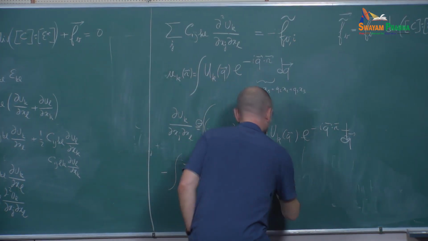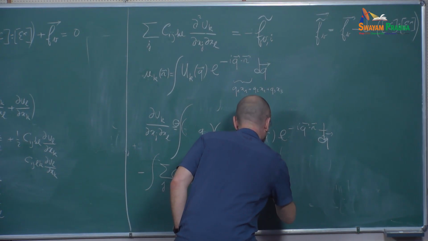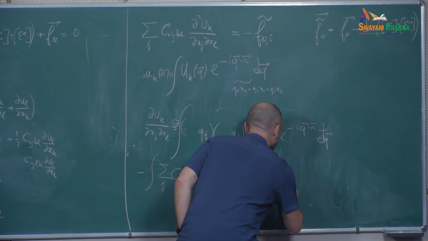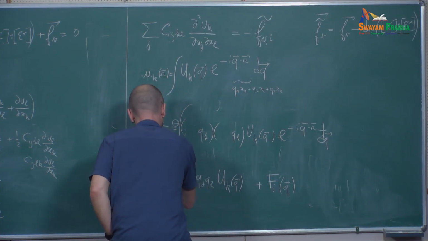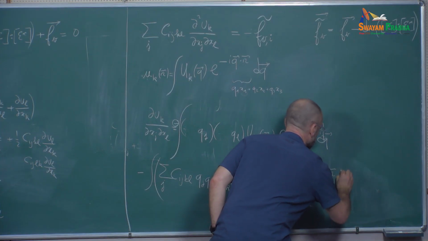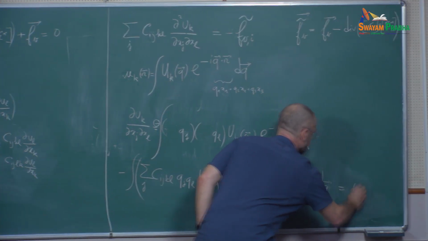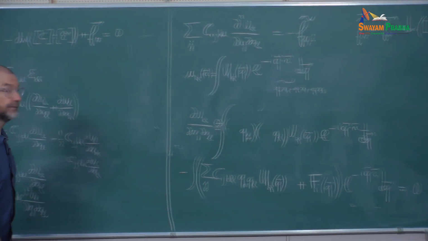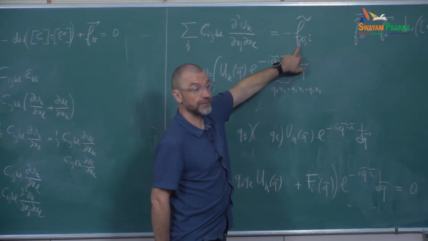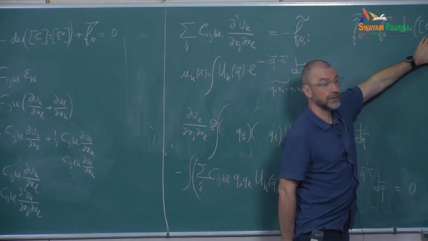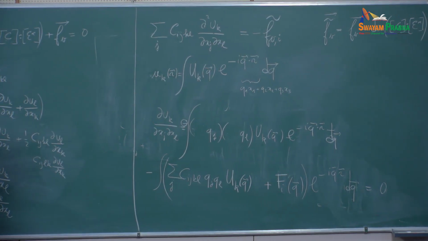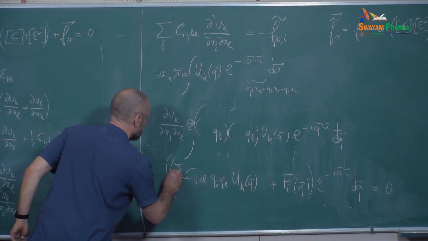If I put it back, I have a plus fi of q, and this whole thing is exponential minus i q·r dq. And this is 0. This would be the Fourier transform of the volumic force that may or may not include some eigenstrains.